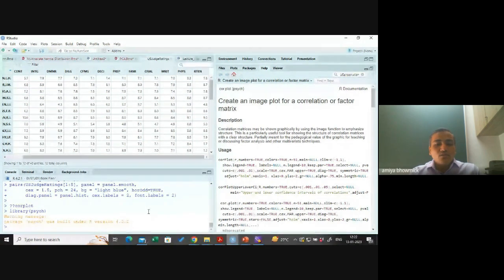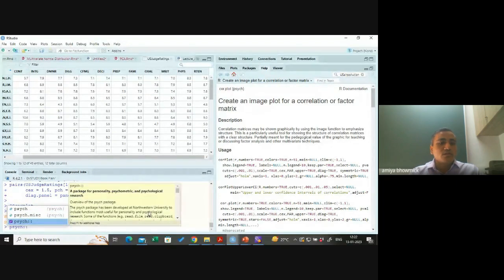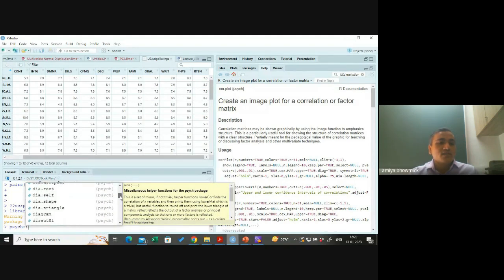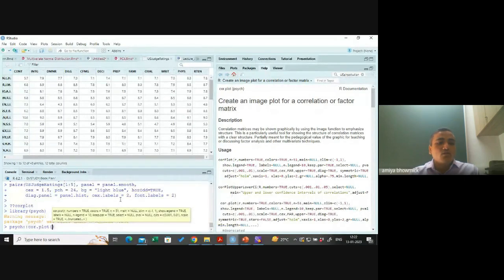There is another way also you can see it, PSYCH double colon. Now see that automatically what things are coming up. What functions are there, it is coming up. If you write down cor, then you are getting corPlot, right?